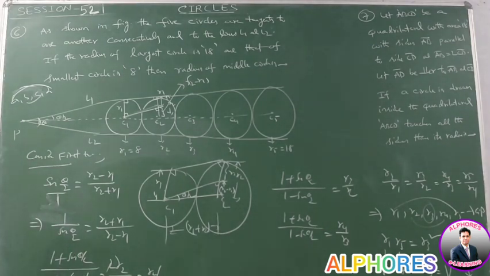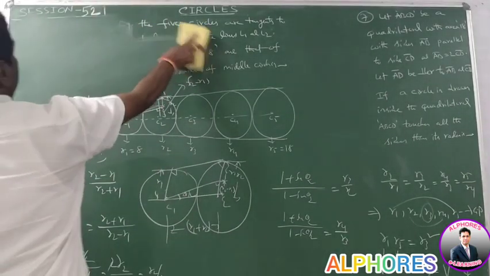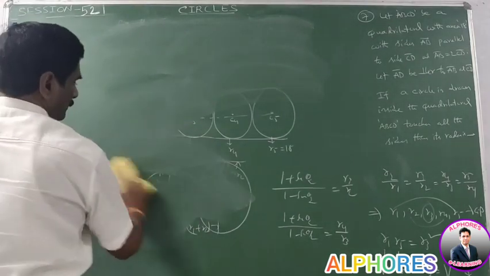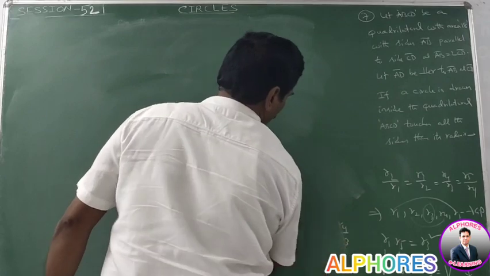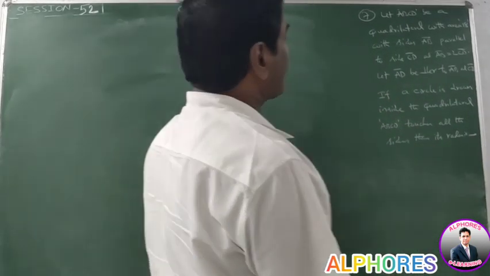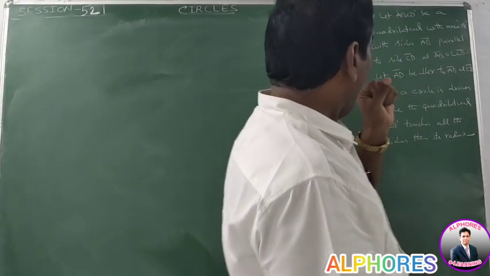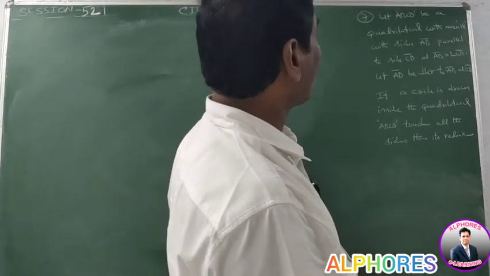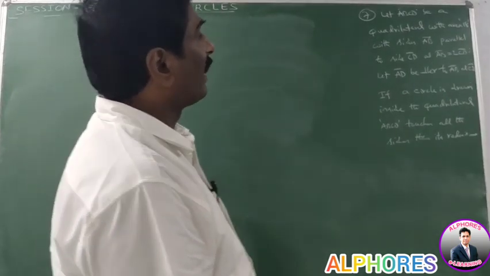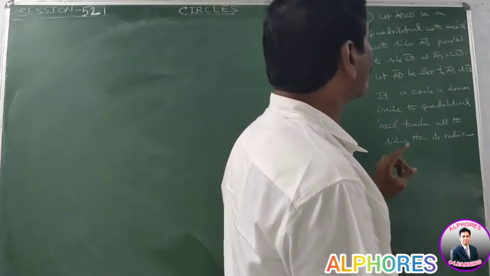Next, seventh one. Let ABCD be a quadrilateral with area 18, with side AB parallel to side CD, and AB is equal to 2CD.